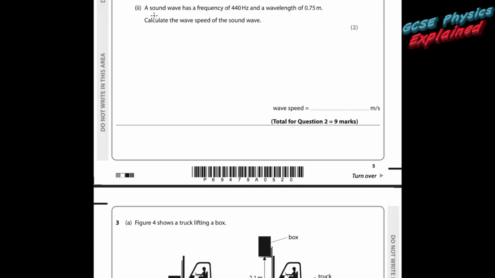Part 2. A sound wave has a frequency of 440 Hz, so that's f, and a wavelength of 0.75 meters, that's lambda, the wavelength. Calculate the wave speed of a sound wave. So that's v is our target. So the wave velocity equals frequency times by wavelength.